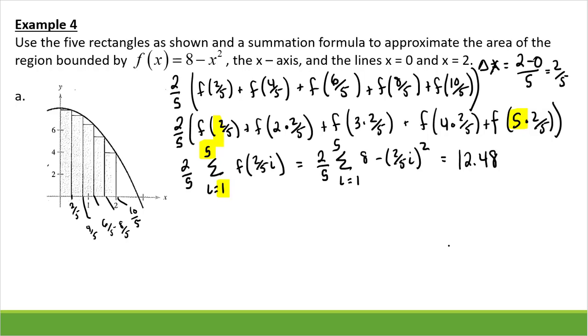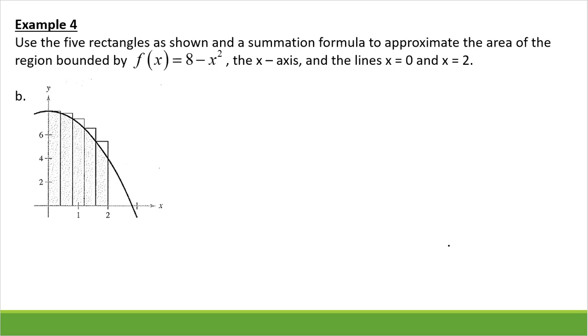Now we have a different rectangle. Here I'm starting at 0, and our delta x is still the same fifths, which is 2/5. So this is kind of an over approximation.